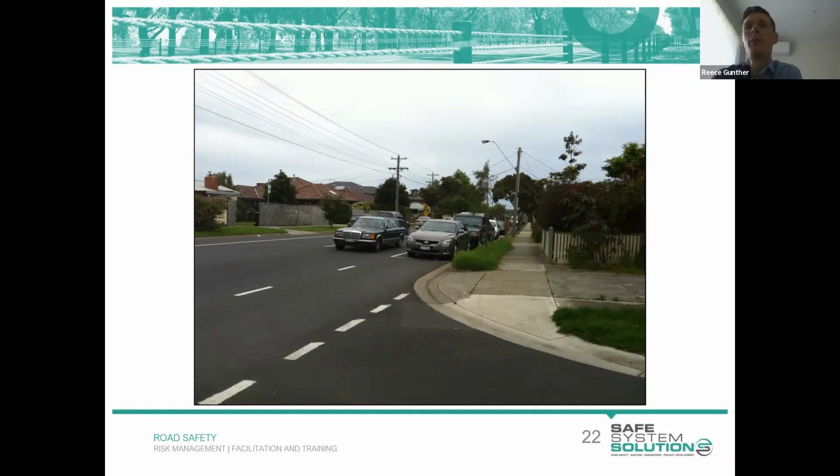Now, I'll put it to you guys as engineers. What sort of treatments could we adopt at this particular intersection to improve road safety, but also improve sight lines?